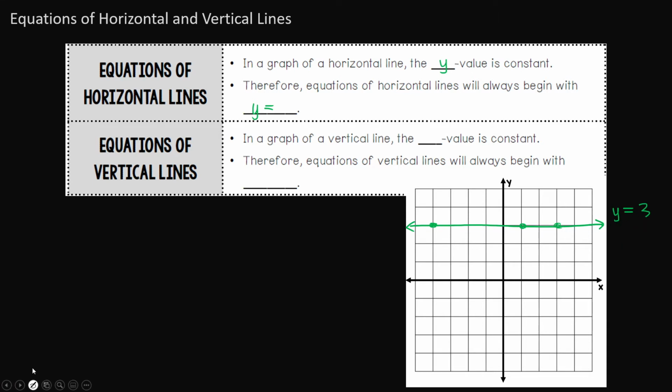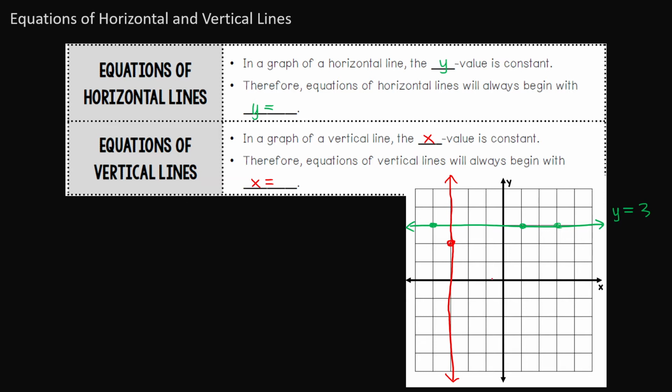In the graph of a vertical line, the x value is constant. We're changing it up here. Therefore, equations of vertical lines will always begin with x equals a number. So for instance, let's say I've got this vertical line here, as vertical as I could get it, and I notice that all of the x values are the same for whatever y value we have.